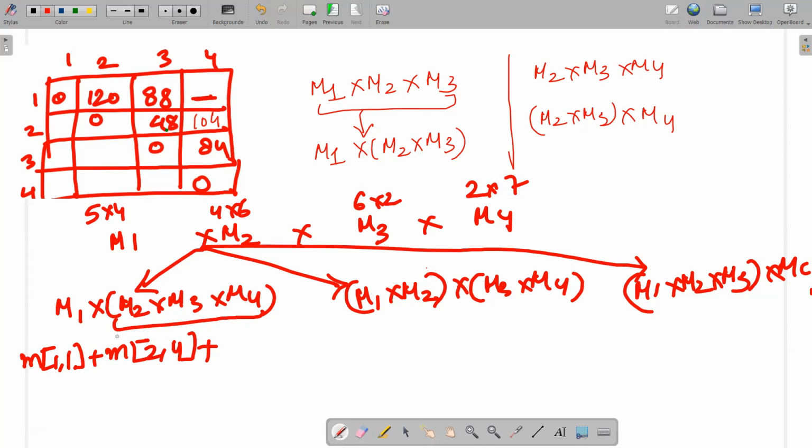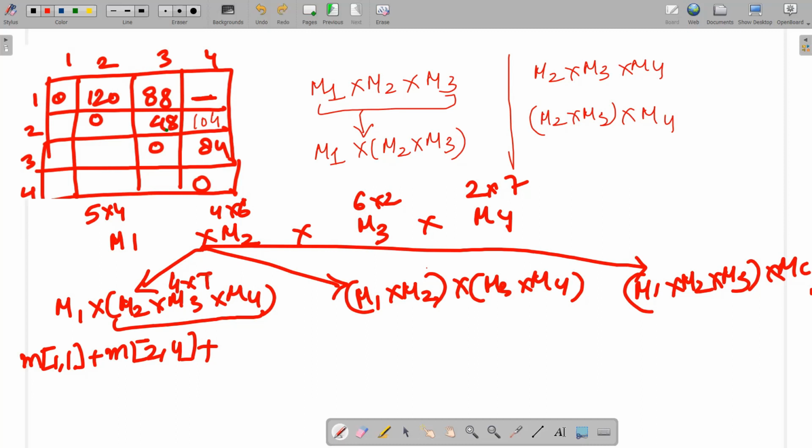So this M2, M3 and M4, what would be the resultant? M2 is 4 cross 6. This is 6 cross 2, M3, and this is 2 cross 7. So 4 cross 6 cross 7. So the entire multiplier, this answer would be 4 cross 7, right?